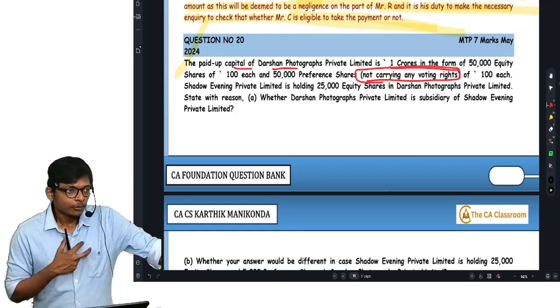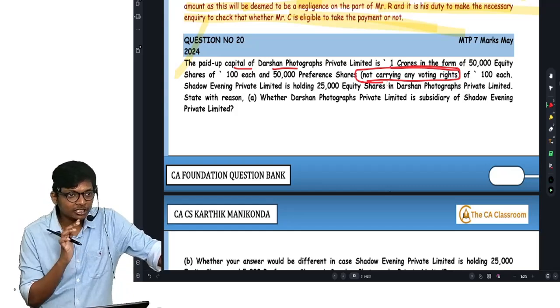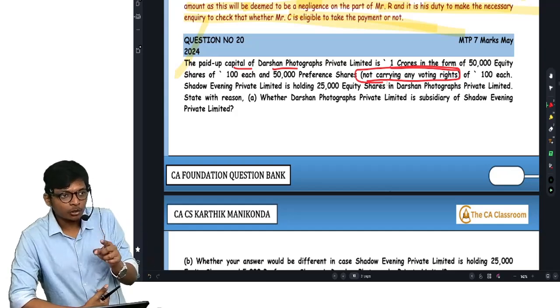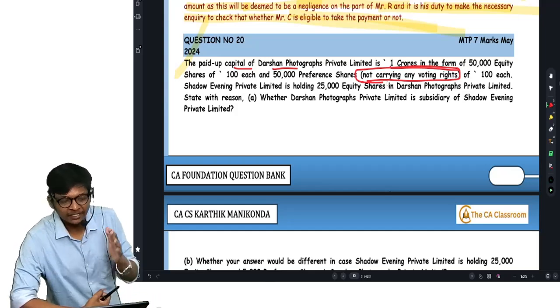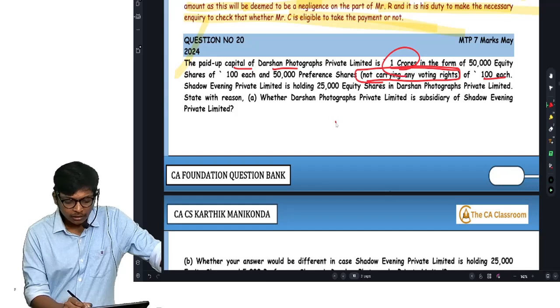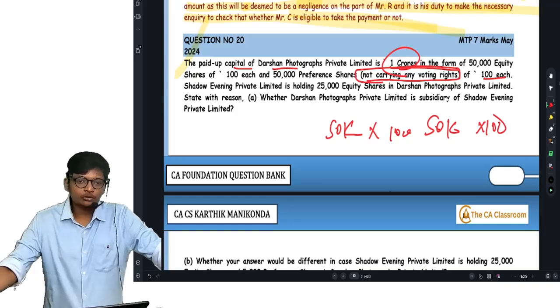Correct? Because the definition is not more than half of equity shares, more than half of total voting power. If debentures have voting power, you have to count them also. Are you following? In foundation they won't ask, but if it comes, okay. So 50,000 equity shares and 50,000 preference shares into 100 each comes to 1 crore.